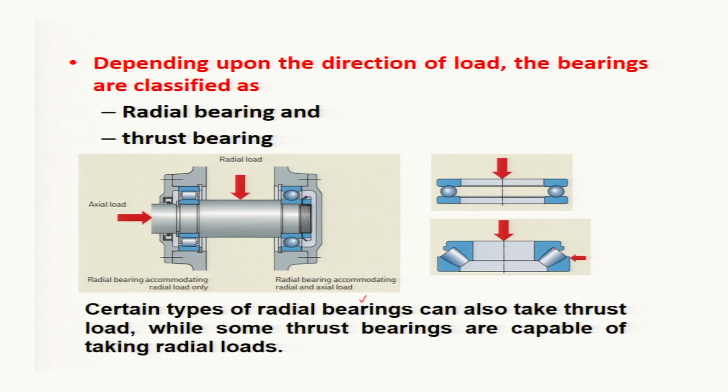So in this case, you see the tapered roller bearing may take both the axial load and the radial load. Here also we have a ball bearing which can take both the radial load and the axial load.